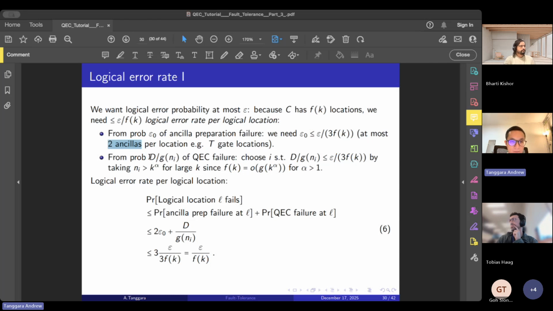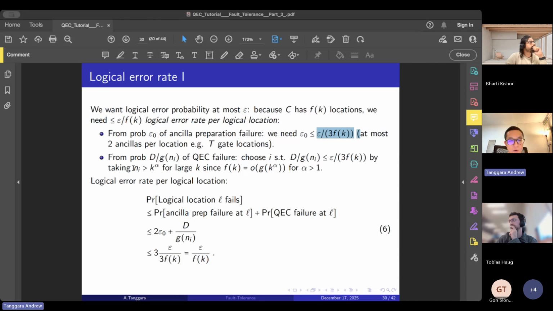And we have this probability of D over G N I that the QEC cycle fails. Then I want to choose I such that this error is also smaller than epsilon over 3fk.